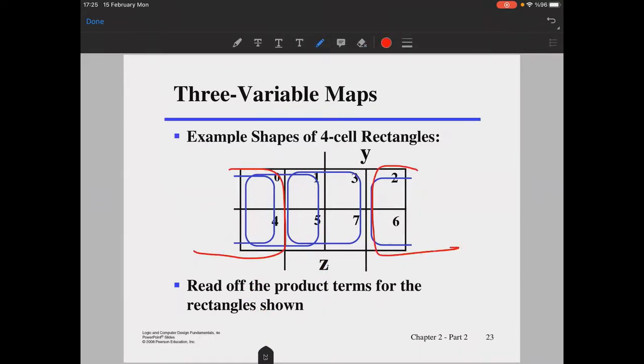It is z naught, because they are neighbors. And do we have more? No, I guess we have read all of these. We can do something extra. What is this, for example? It's pretty obvious, it is y. So this is how we do it.